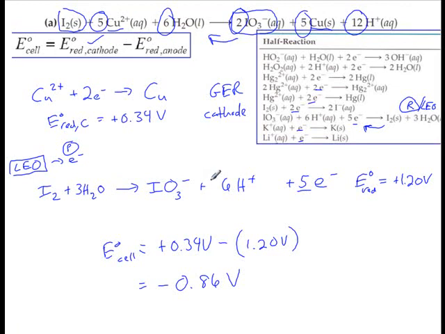If you think back to how to balance a redox reaction, if you broke down these two half reactions, you saw 2 electrons here, 5 electrons here. The lowest common multiple of the two is 10. So I would need to multiply that half reaction by 2, and then this half reaction by 5 to balance out the equation.